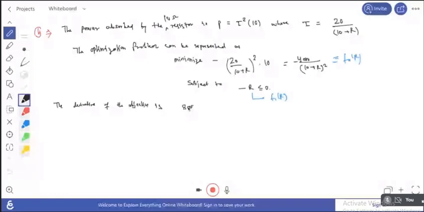So what is your KKT condition? The KKT conditions are: mu is greater than or equal to 0, where the Lagrange multiplier is mu.